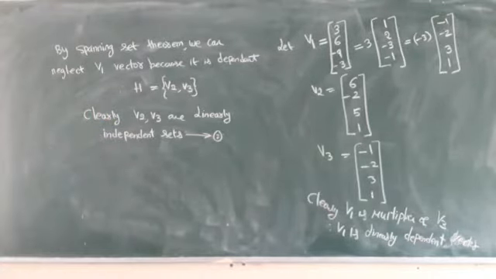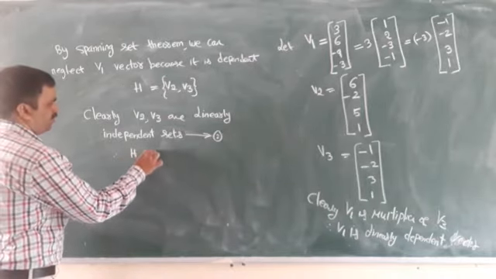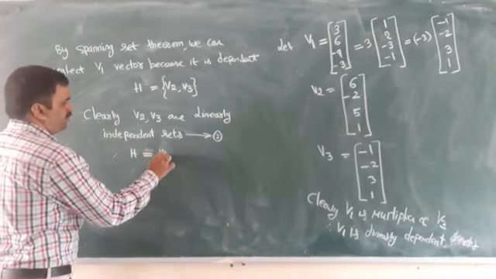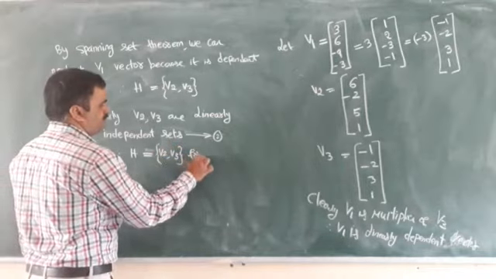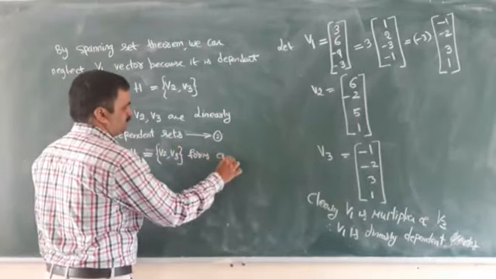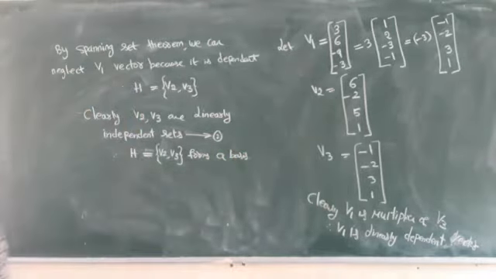So I can add, therefore, H equal to span of V2, V3 forms a basis. V2, V3 forms a basis.